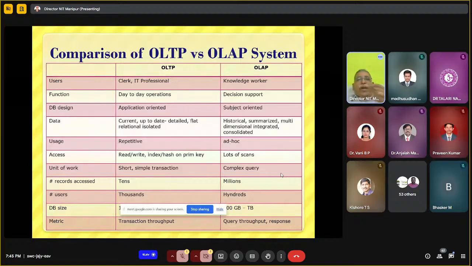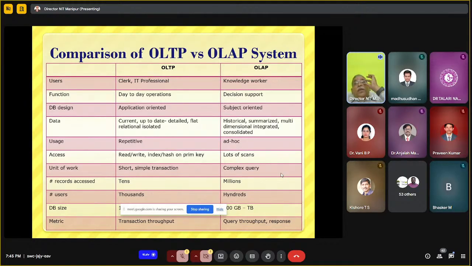Whereas here queries are always complex in nature. The number of records accessed in OLTP is very limited compared to OLAP. If you access thousands of records in an OLTP application, here we take millions of records. That's why it takes more time.